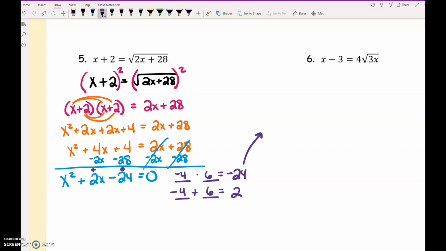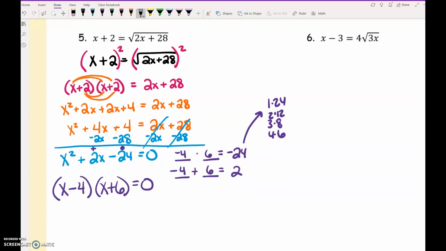Remember, you can think about 24 as 1 times 24, 2 times 12, 3 times 8, 4 times 6, and then figure out which pair of numbers you can use to add up to 2. So this factors into x minus 4, x plus 6 equals 0. What then are the solutions? X equals 4, x equals negative 6.